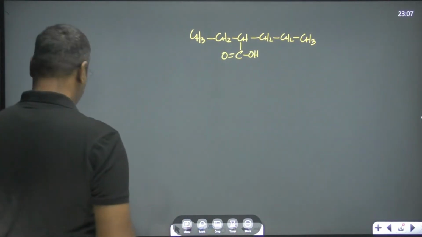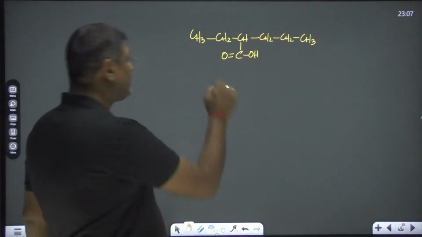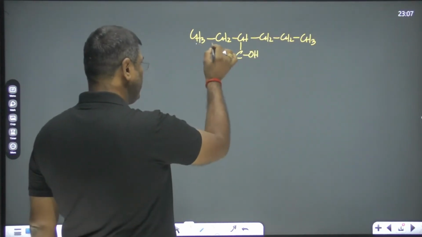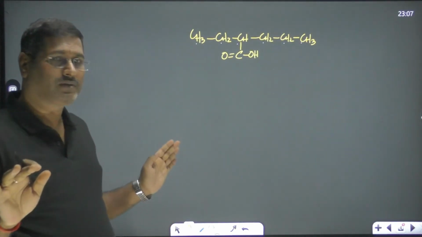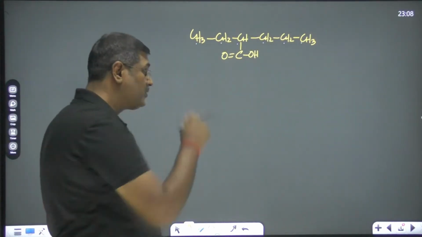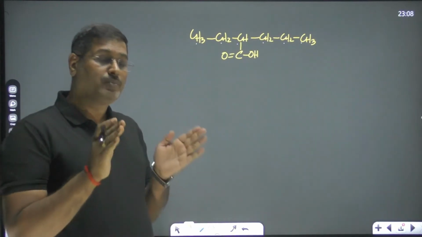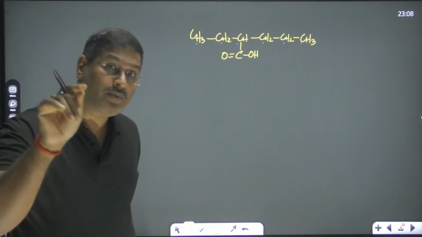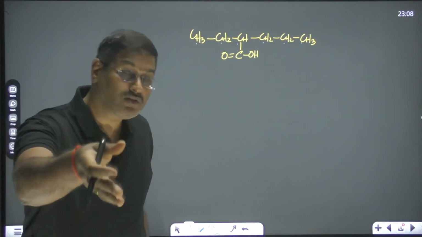Just see, this is the best example for this purpose. If you take this as parent chain, 1, 2, 3, 4, 5, 6, there are 6 carbon atoms in the chain. But no. As the COOH group is present, the COOH group is the terminal functional group that must be part of the parent chain, and the carbon chain must start with the carbon atom of this functional group.